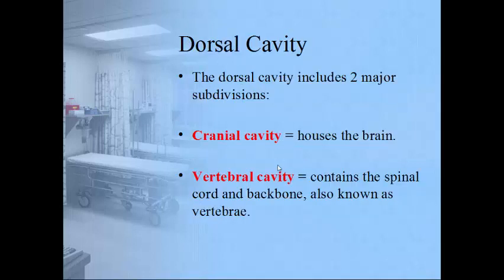Alright, we'll start with dorsal first. Remember, dorsal means toward the back. So this has two subdivisions. The cranial cavity, which will house the brain. And the other one is the vertebral cavity. This is where you'll find your backbone or the vertebrae. So both of these are within the dorsal cavity.